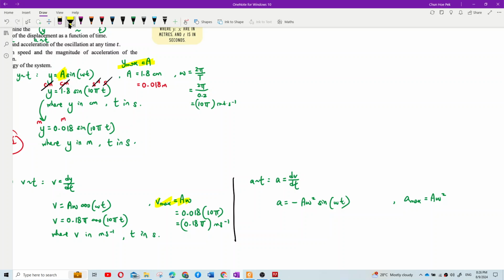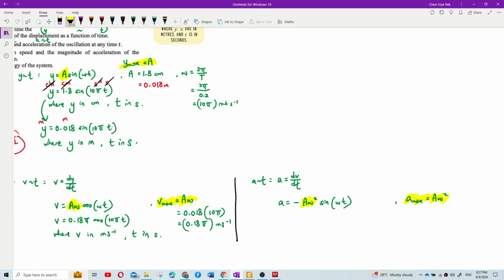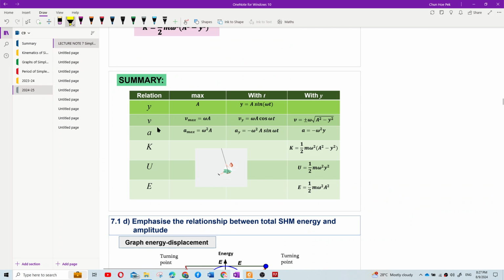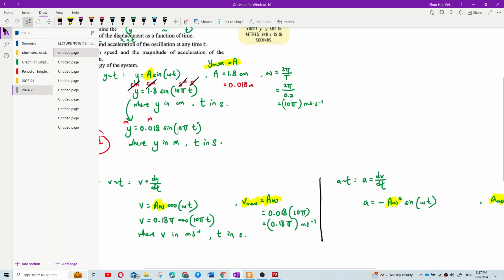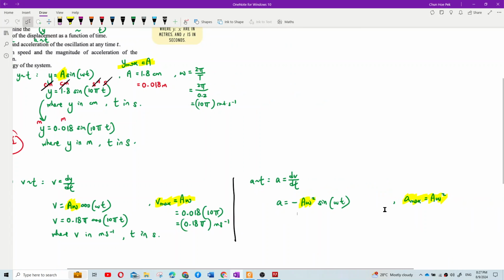V maximum is A omega, which is the front part here. And then acceleration maximum is A omega square, which is the front part here. Understand, class? So this is Y maximum, V maximum, A maximum, the front part. Okay. So it's a negative sign graph.